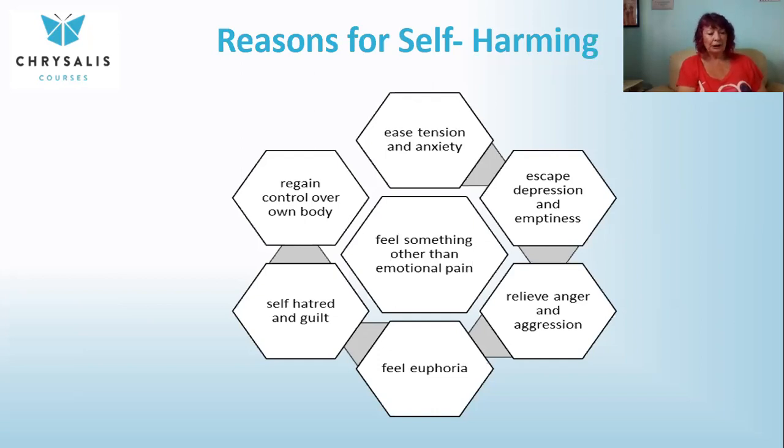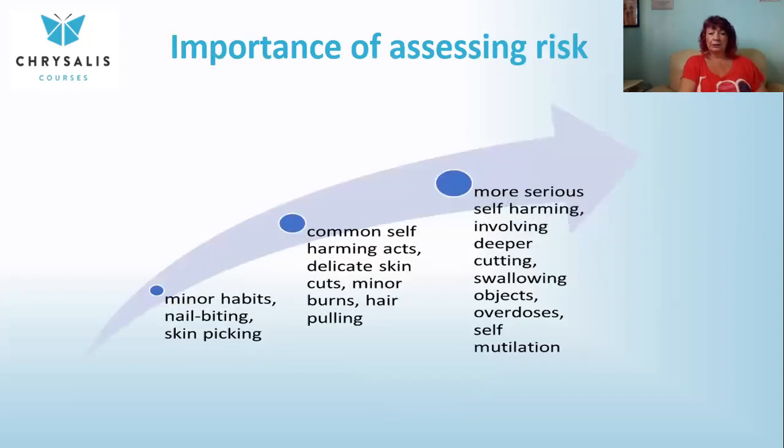So how can we help a client? It's not appropriate to ask a client to stop while they're in therapy. But before we do anything, we need to assess the risk. So we need to work out whether they've got a minor habit, such as nail biting or skin picking, which can be seen as self-defeating behaviour, but it's not particularly life-changing.